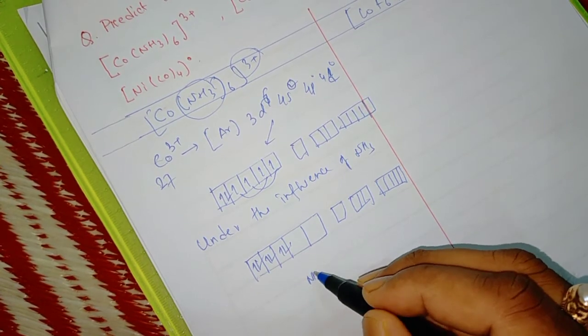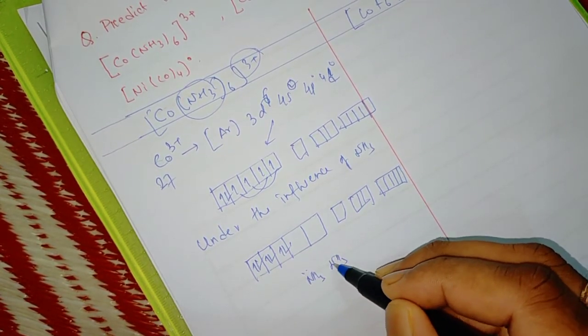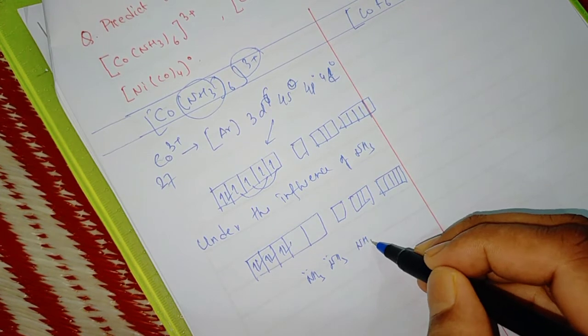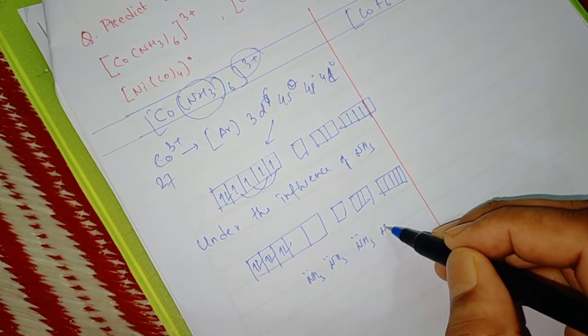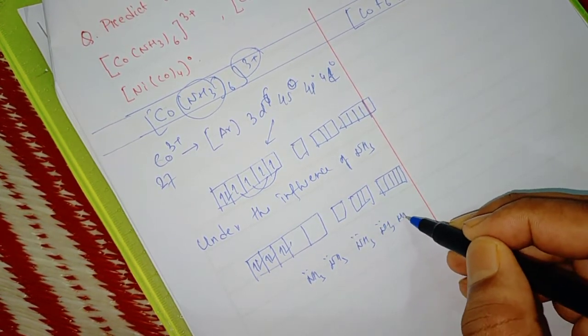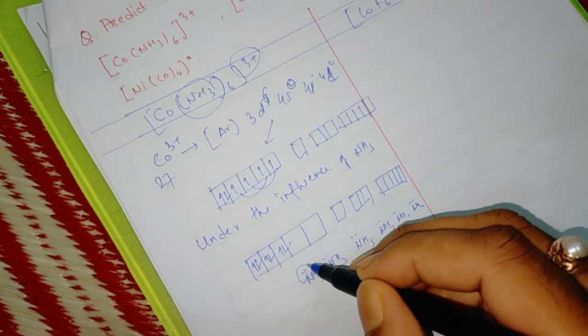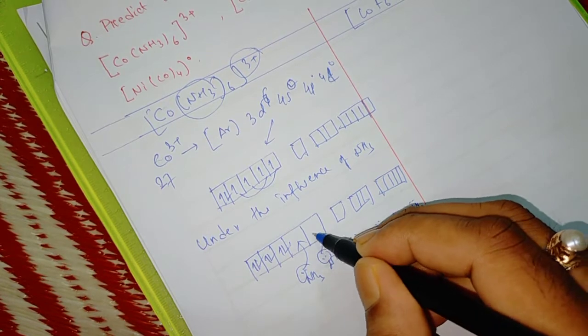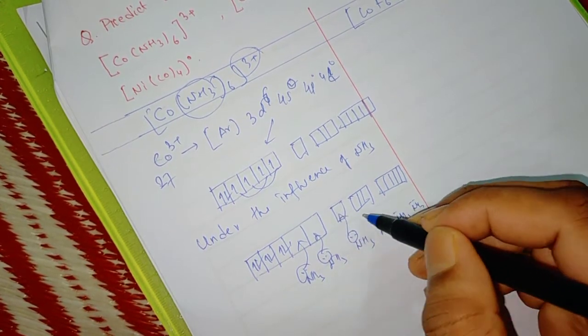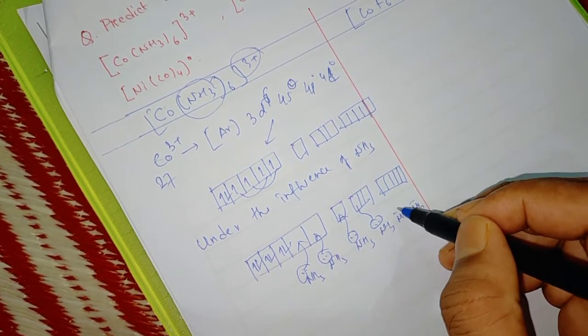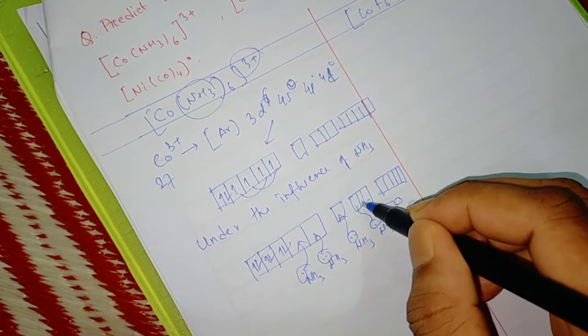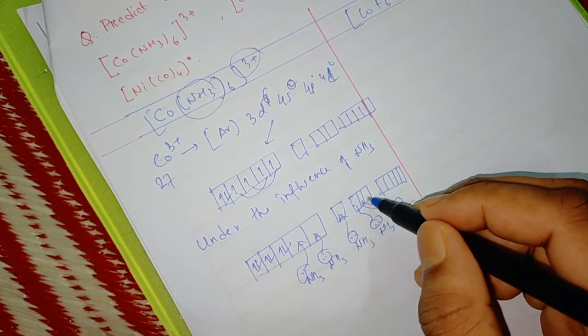So NH3 with its lone pair, six times. This lone pair is donated into those orbitals. So 1, 2, 3, 4, 5, 6.